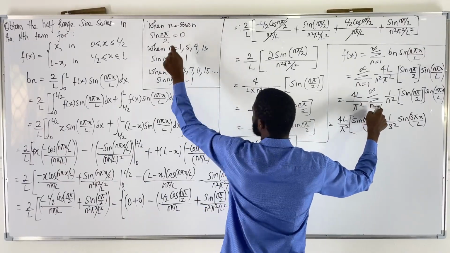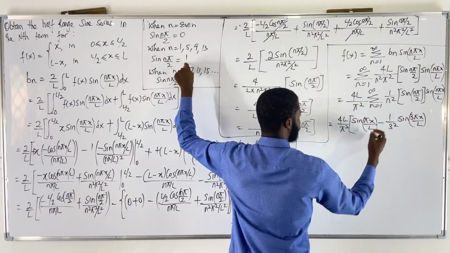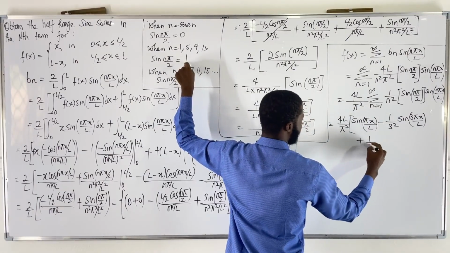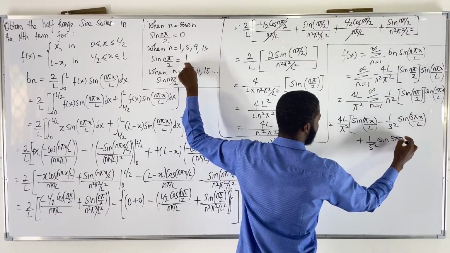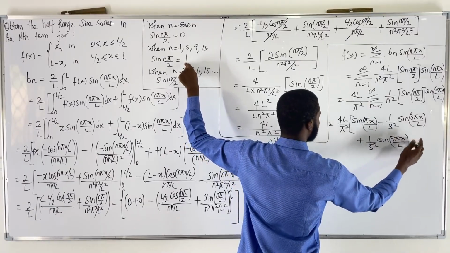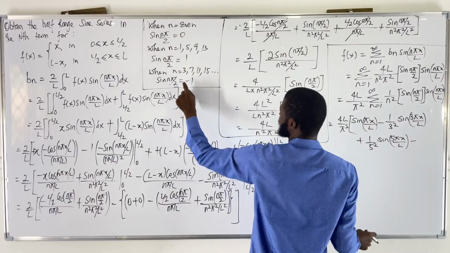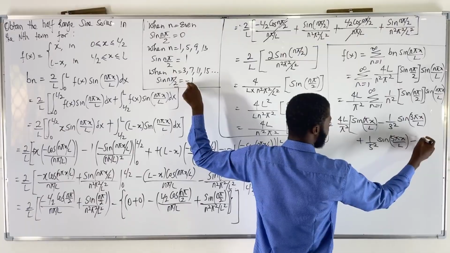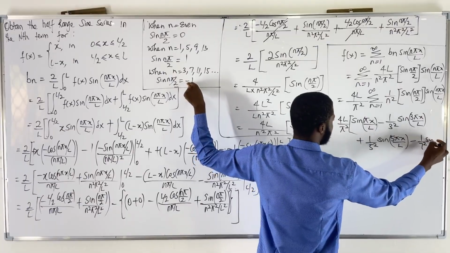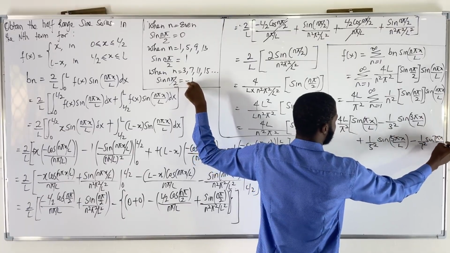So let's go to 5. When n is 5, it's 1. So this is plus 1 over 5 squared sine 5 pi x over L. Next will be 7, but that will be minus, because when n is 7, we have minus 1. So this will be minus 1 over 7 squared sine 7 pi x over L.